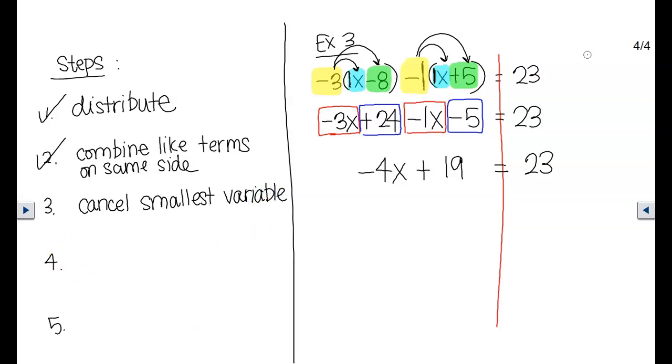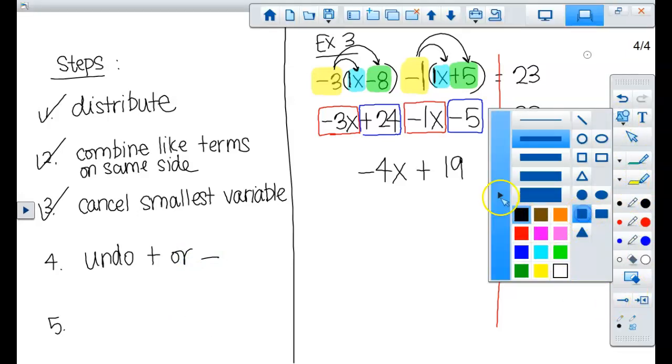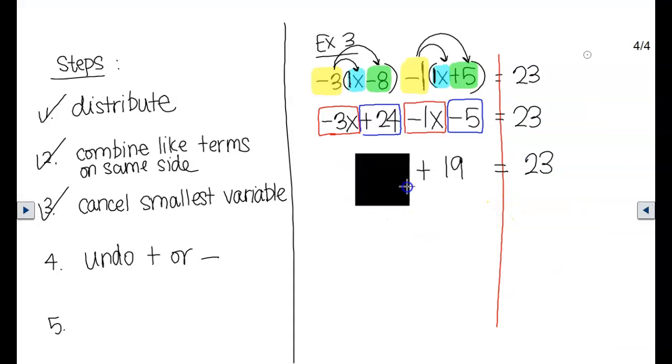Now, step 3 is to cancel your smallest variable. You only have to do this if there are two variables in the problem. There's only one variable in the problem, negative 4x. So this step is already done. It is not necessary. There's not a smallest variable if there's only one variable. Now, time to undo addition or subtraction. So I'm going to cover up negative 4x.